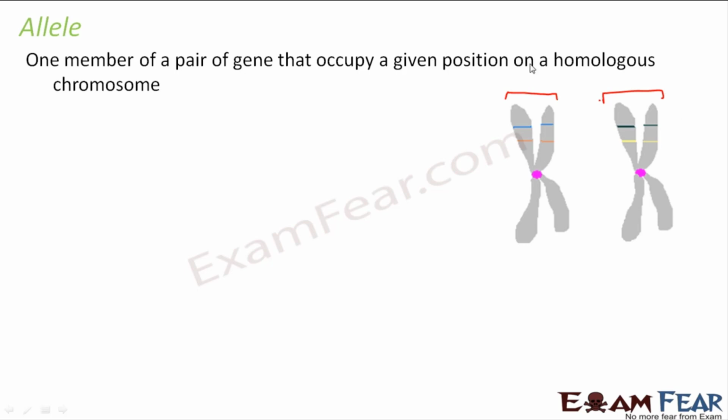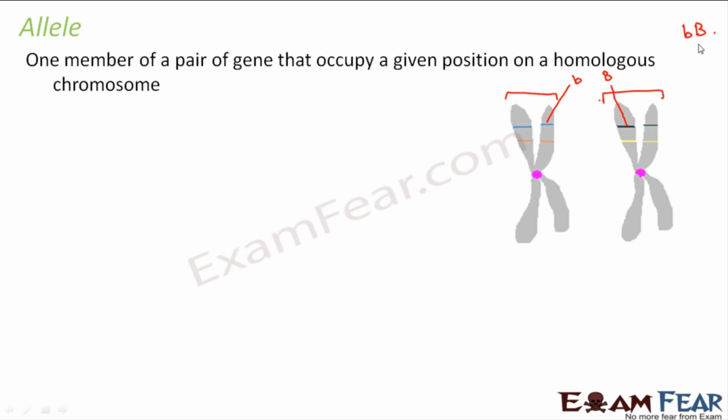Let us suppose I take an example this way. Let us suppose this denotes the blue eye color, which is denoted by a small b. Let us suppose this denotes the black eye color, which is denoted by a capital B. So when you combine together these two chromosomes, because they are existing in pairs, what do you get?